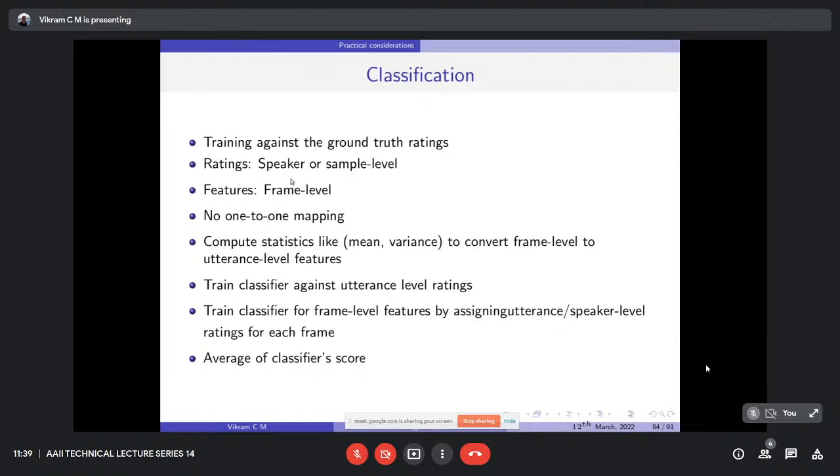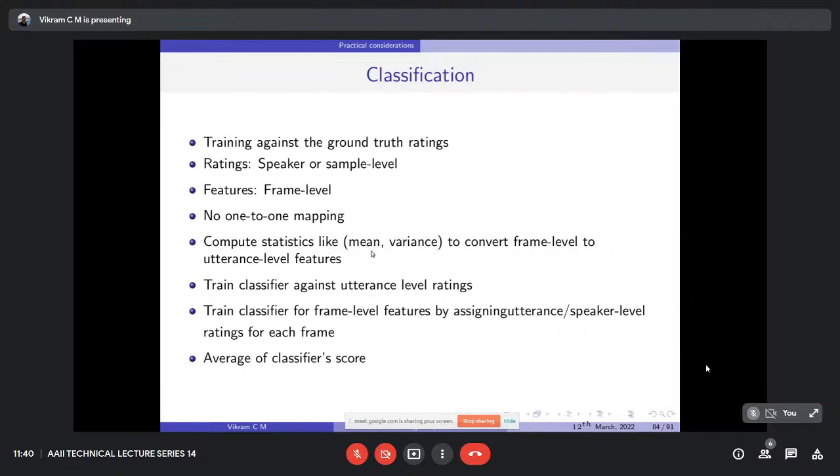The ratings might be at speaker level or at the sample level, but our features are at the frame level. Hence, there is no one-to-one mapping occurring here. The common way is to assign this sample level rating to the frame level features and train our model. So that is one approach. To overcome this, we also used an attention based model.